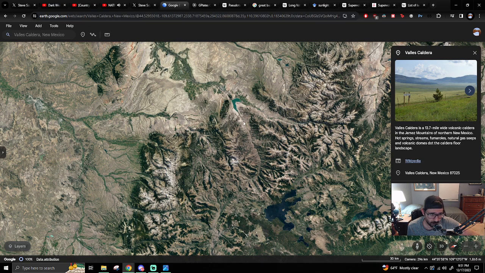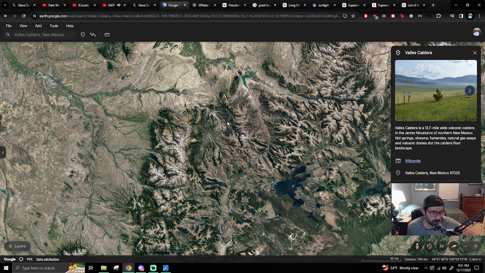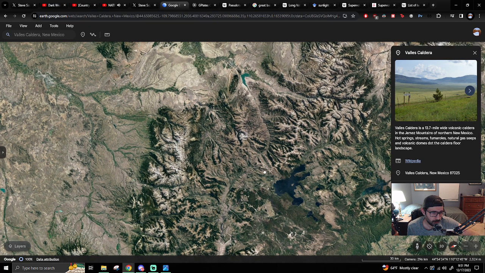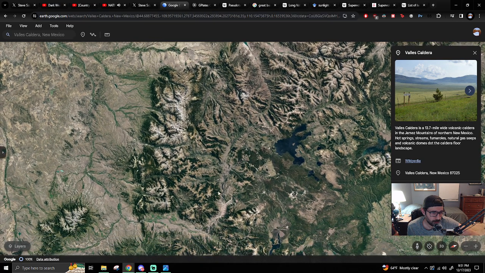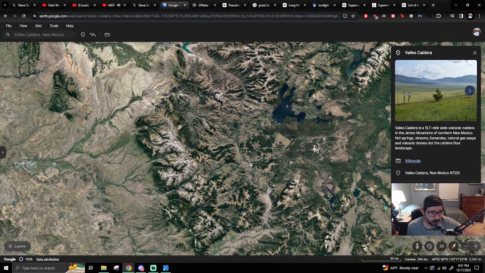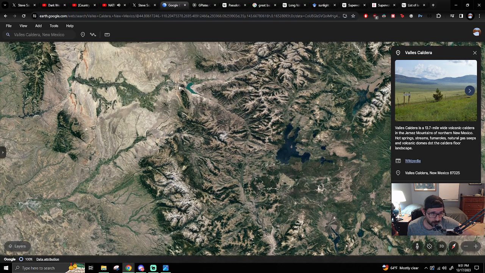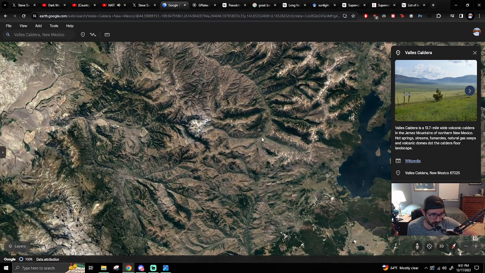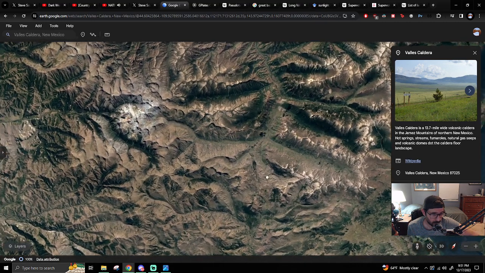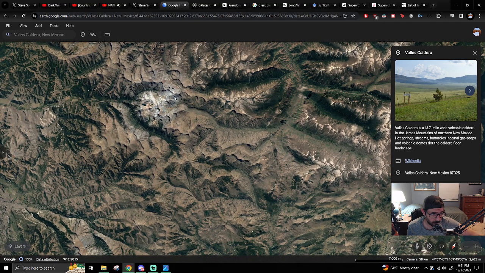This side's not very defined, but they're divided by this current flow coming in this way, and this current flow coming in this way, running into each other. This one actually flows up and into this caldera.